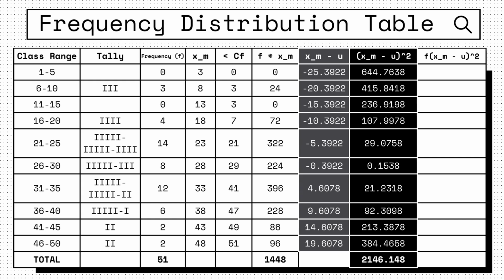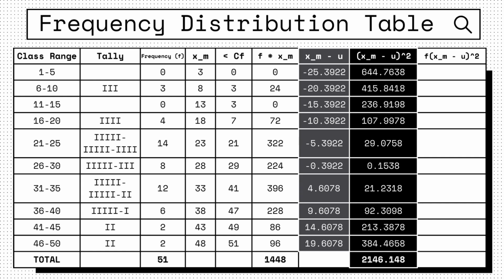0.1538. For the seventh, we have 4.6078 squared, which is equal to 21.2318. For the eighth, we have 9.6078 squared, which is equal to 92.3098.